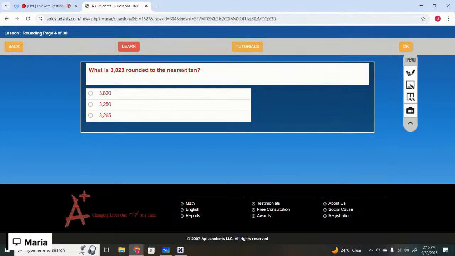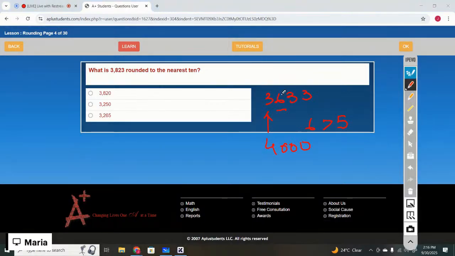What is 3823 rounded to the nearest 10? Look at which digit you are asked to round the number to. Like here you have to round to the nearest 10. 2 is the digit that is at that position. Right next to 2 we have 3, and 3 is less than 5.